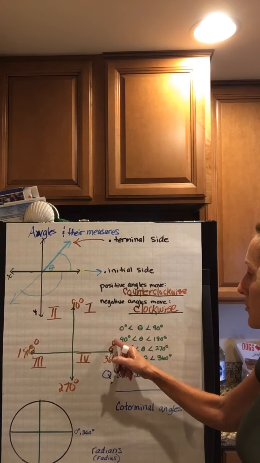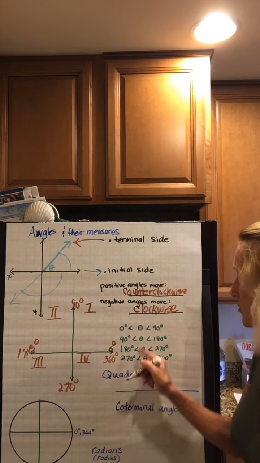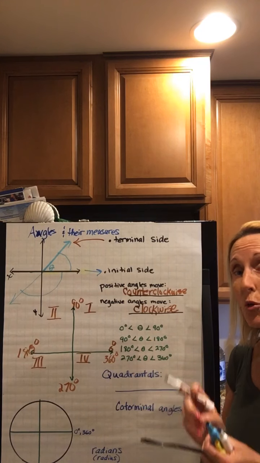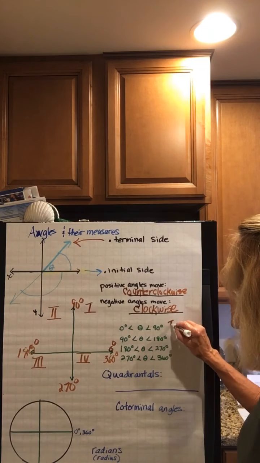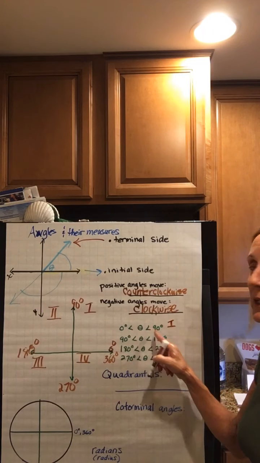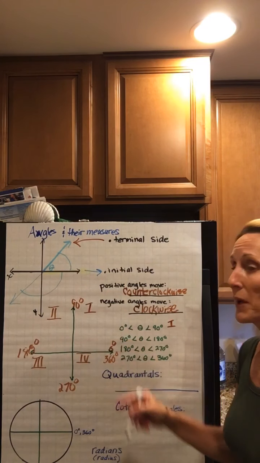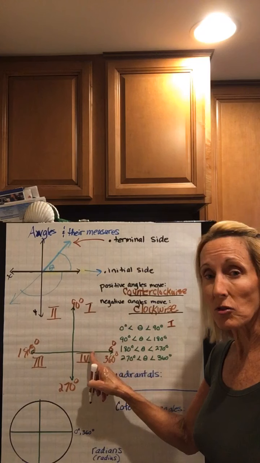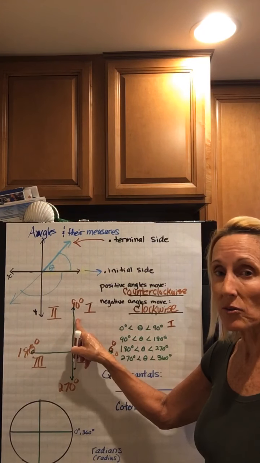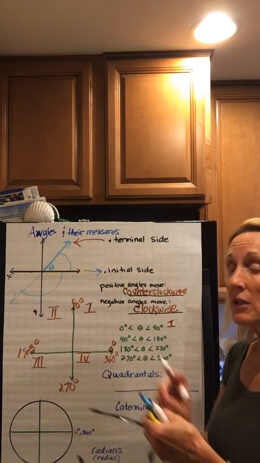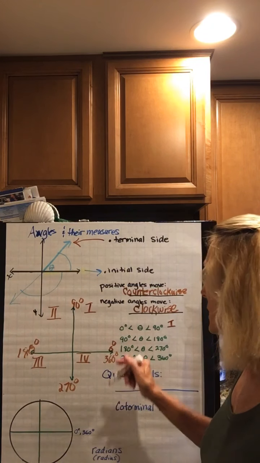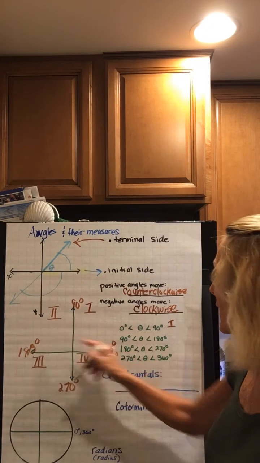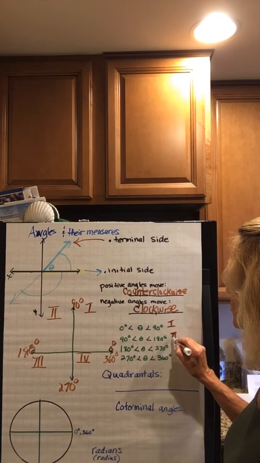So anything from 0 to 90, in between, notice they don't equal, anything between 0 and 90 degrees is in quadrant 1. Notice there's no underline here because there's something special about if it's on the x-axis or if it's on the y-axis. Anything between 90 and 180 is in quadrant 2.